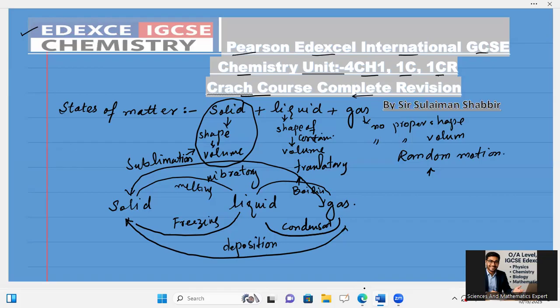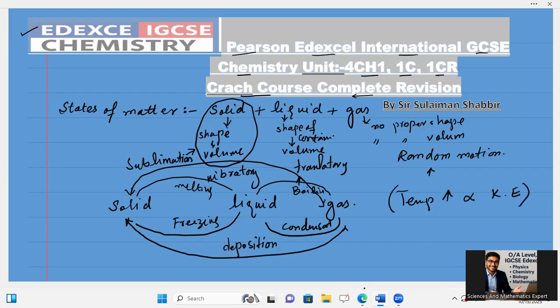If I talk about the kinetic theory of gases, when a substance is heated, particles absorb thermal energy, which is converted to kinetic energy. Melting a solid causes the molecules to vibrate more as temperature increases. Here I am adding that temperature increase is directly proportional to kinetic energy.